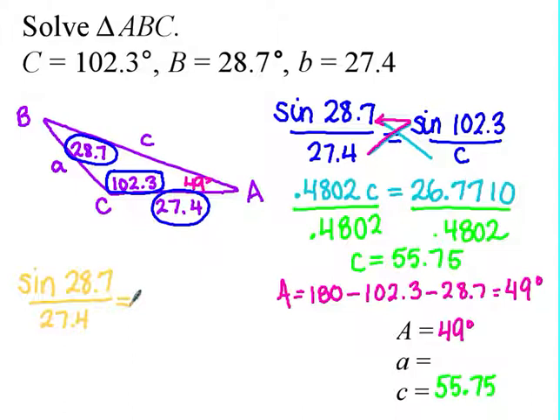And I'm going to go ahead and put that equal to the sine of angle A, so the sine of 49 over side A. So once again, there are two ways to do this. One, you can do it in one step, in which case you would multiply along the diagonal and then divide by sine of 28.7. Or you can multiply here, and you would get 0.4802A, sorry, equals, and then whatever that multiplies to be.